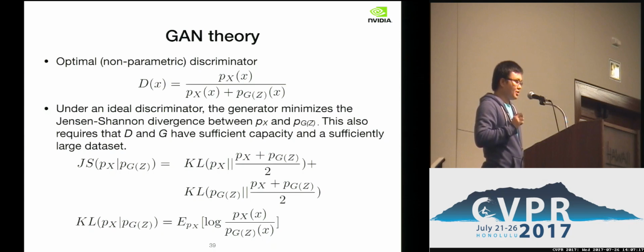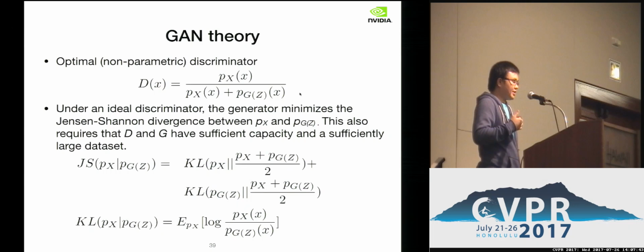So in GAN, the theory is that the optimal discriminator comes from this Bayes decision rule. Basically, you measure the ratio of the density from the true distribution divided by the sum of the density from the true and the model distribution.